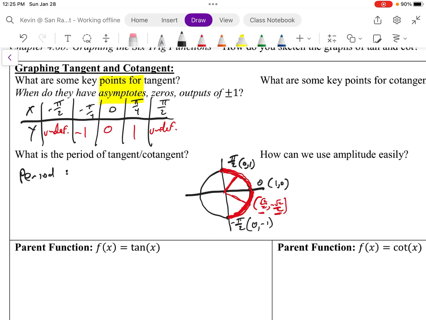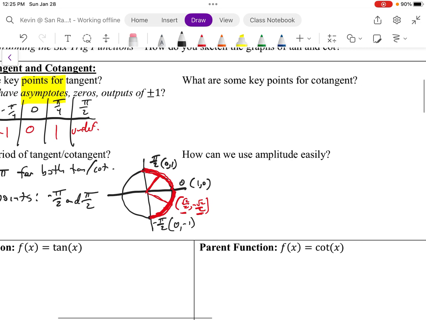The period is pi for both tangent and cotangent. Now for tangent, we're going from undefined to undefined. So for tangent, the endpoints are negative pi over 2 and pi over 2.